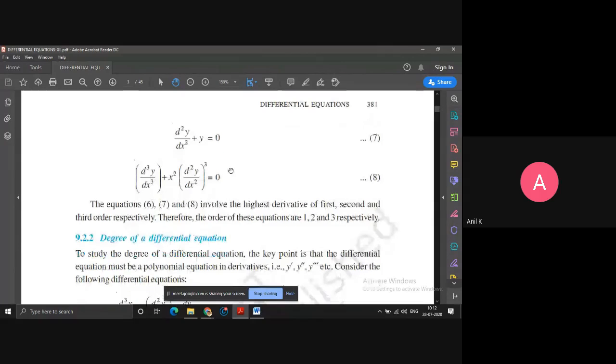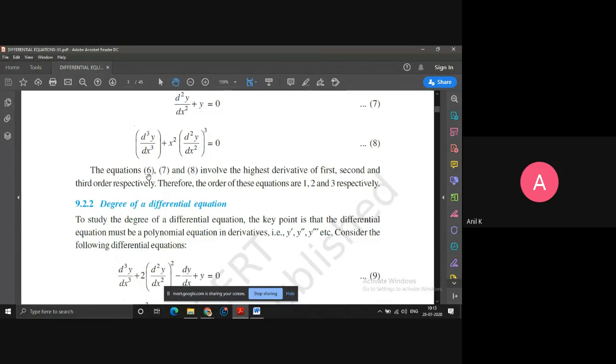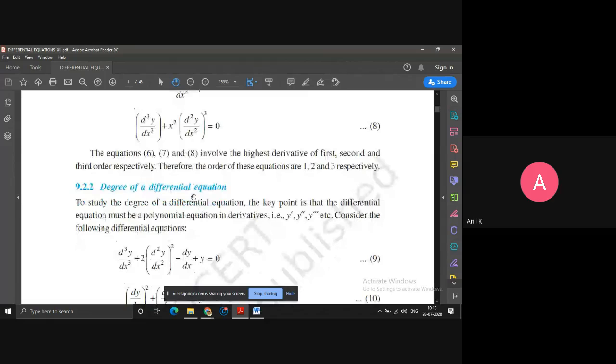Here you have the exponent also, but don't think about the exponent now. The order of the differential equation is how many times the given equation is differentiated. Now we will come to the degree of the differential equation.